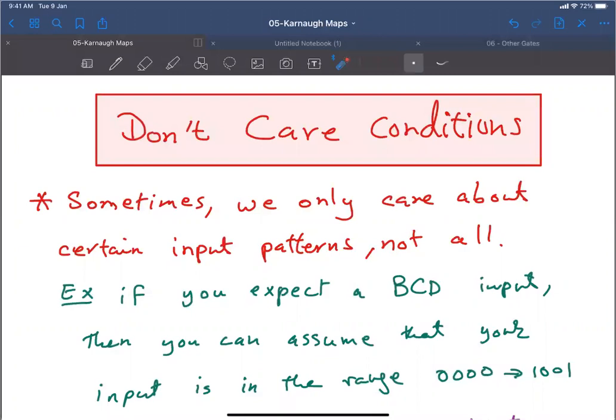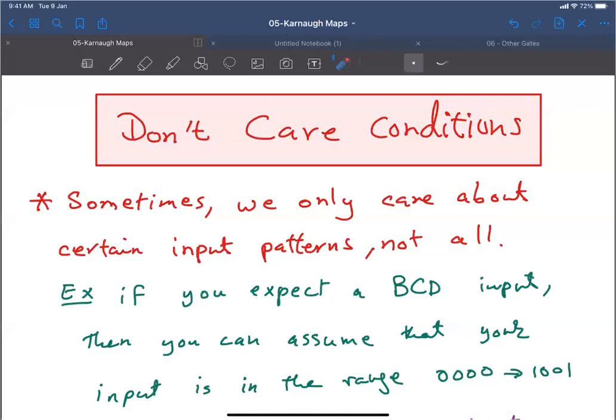It's a 4-bit number that can map or encode the decimal digits from 0 to 9. So it goes from 0000 all the way to 1001. This is BCD 8421.